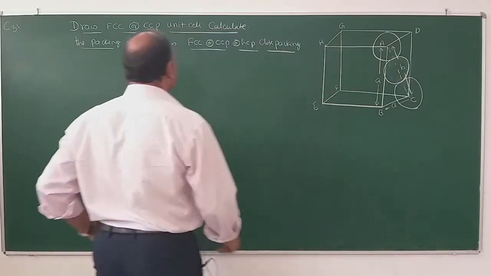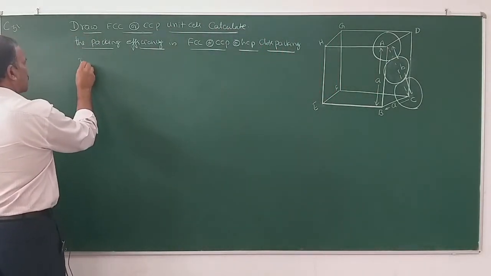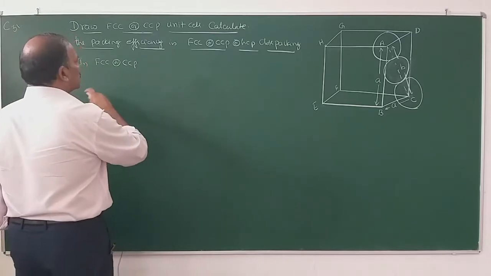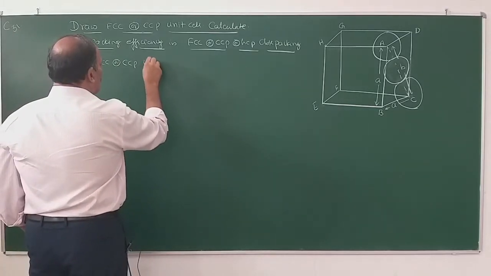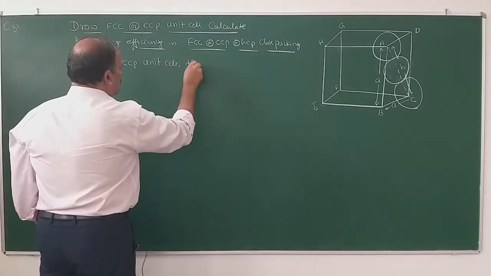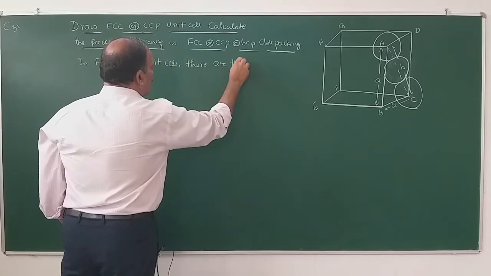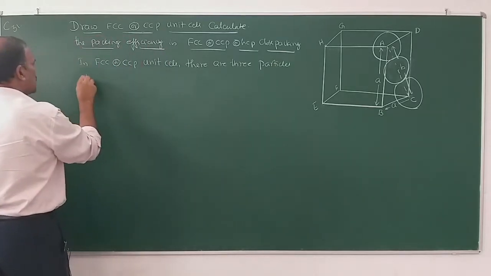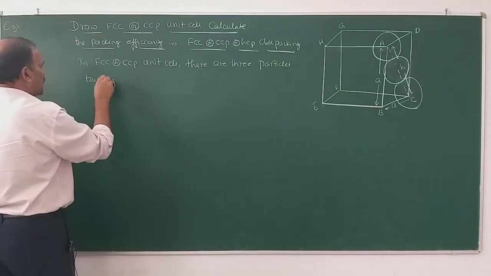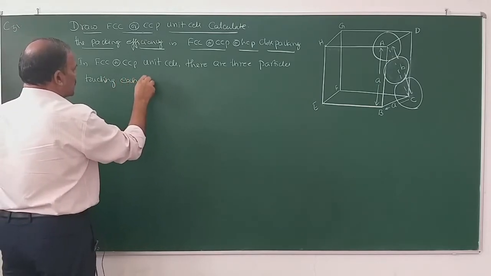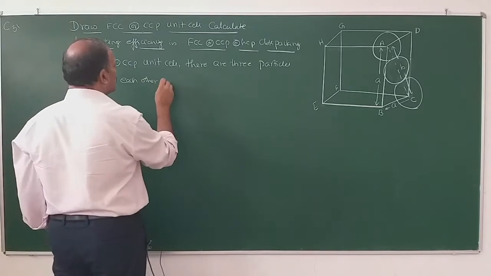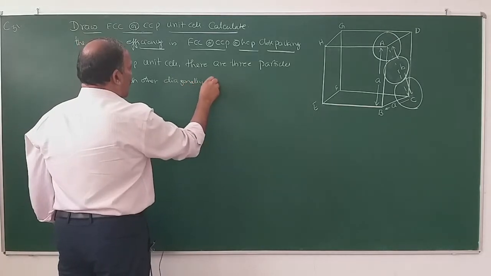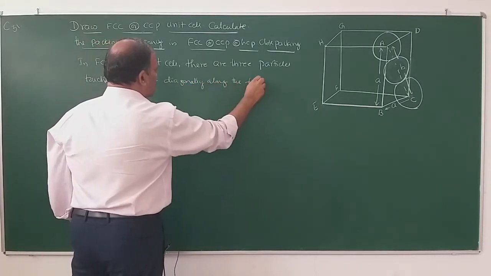So you have to write this; I think you are observing. Write down: in an FCC or CCP unit cell there are three particles touching each other diagonally along the face.